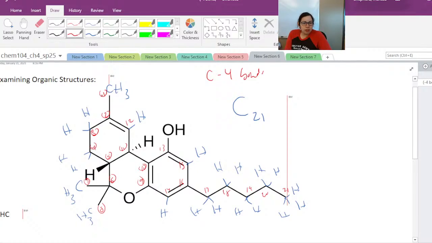Let's recount: 1, 2, 3, 4, 5, 6, 7, 10, 11, 12, 13, 14, 15, 16, 17, 18, 19, 20. So I get 21 again, even on the recount.